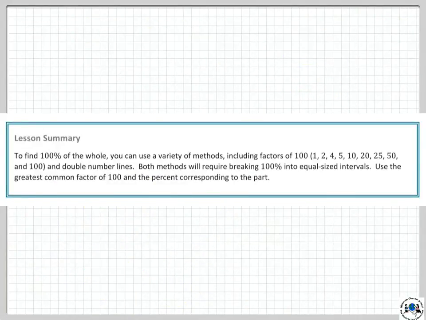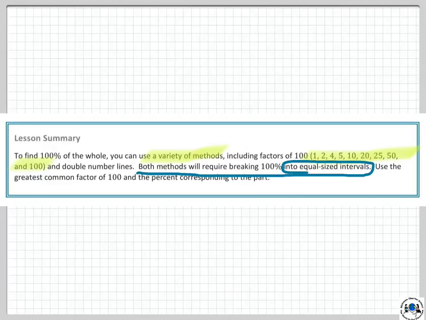So here's our lesson summary. To find 100% of the whole, you can use a variety of methods, including factors of 100 and double number lines. Both methods will require breaking 100 into equal-sized intervals. Use the greatest common factor of 100 and the percent corresponding to the part.